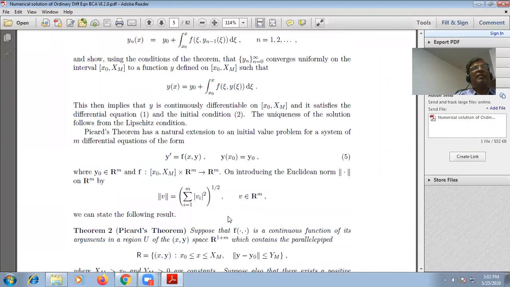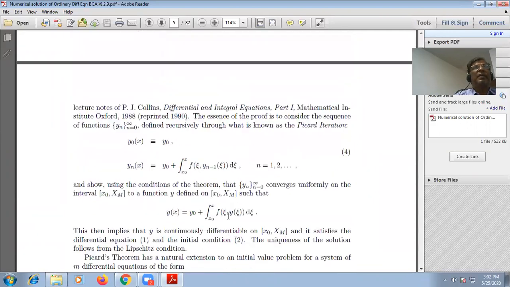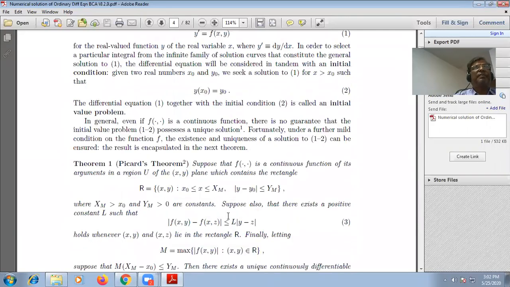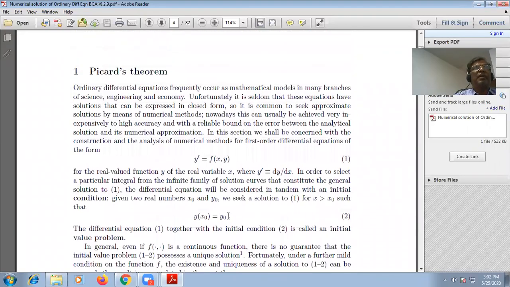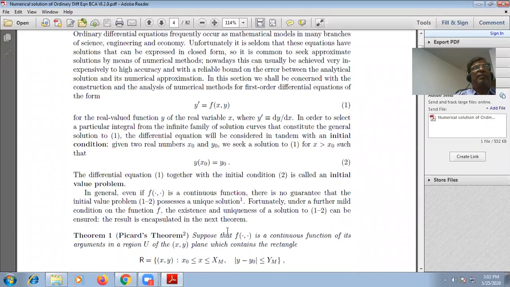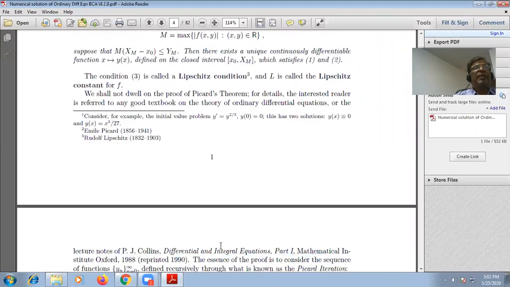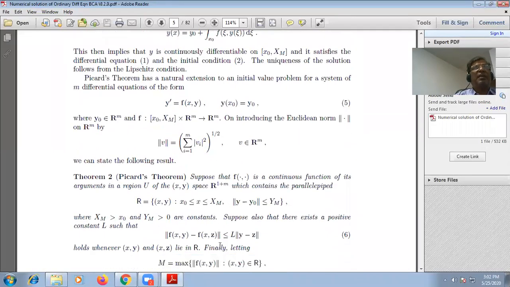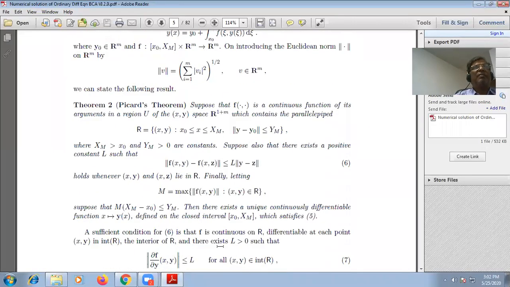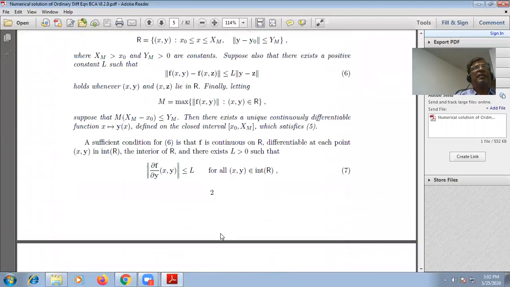So students, I hope that was Picard's theorem. This was Picard's theorem first. Here is also Picard's theorem on the same basis.